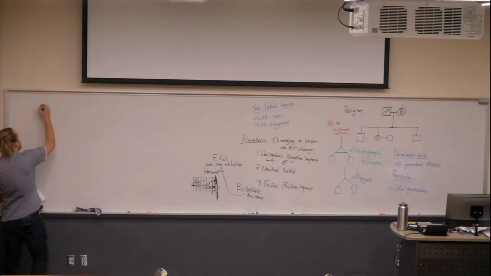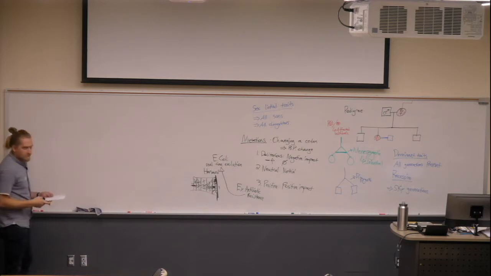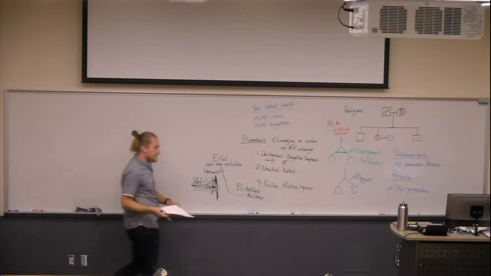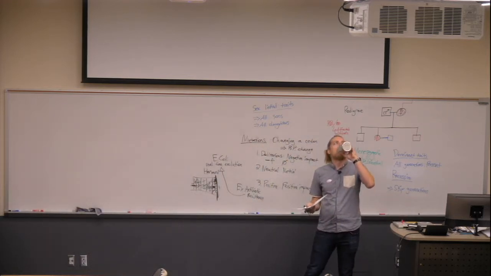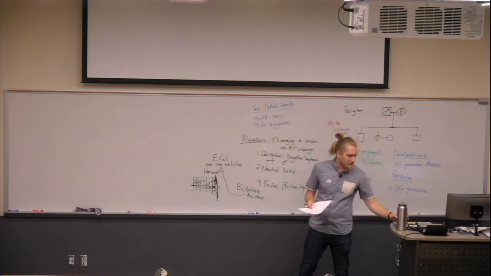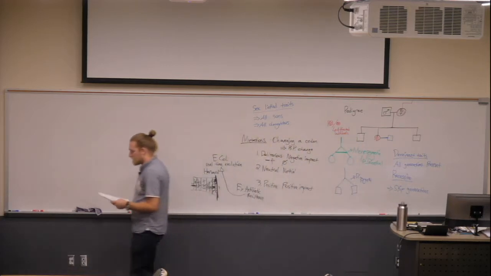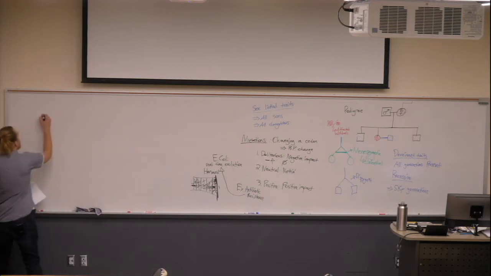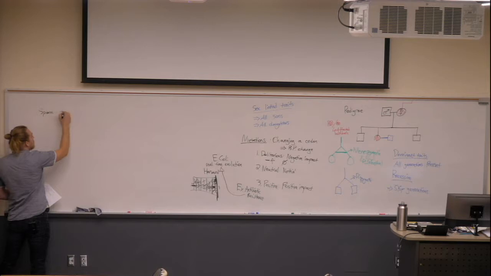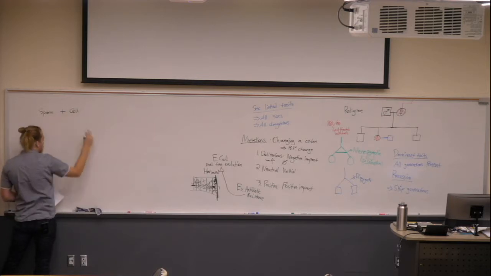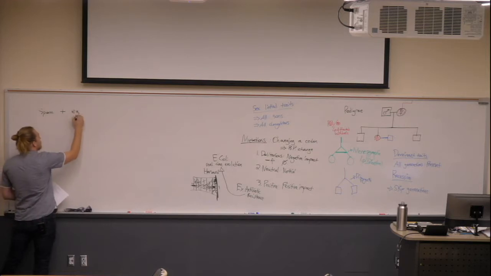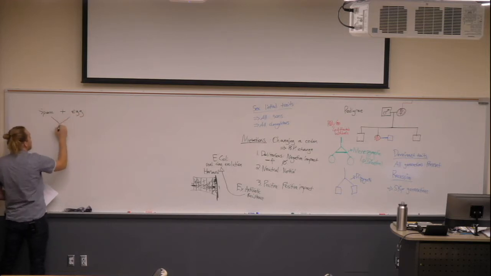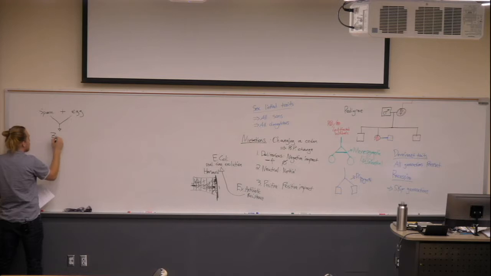So the first part in developmental biology is fertilization. Fertilization just means that a sperm cell and an egg come together and make a zygote.